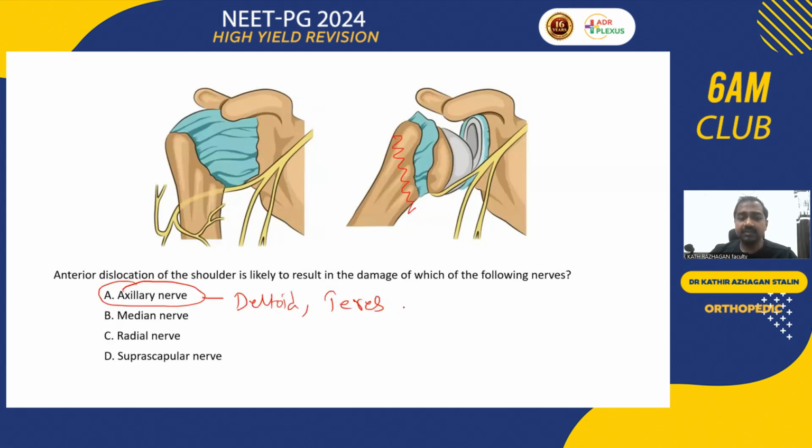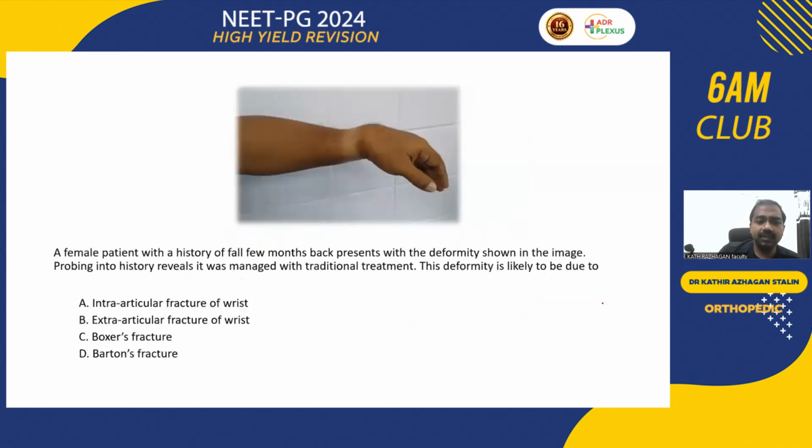Teres minor, yes. Which part sensation is lost? The upper lateral aspect of the arm, the regimental badge area. All these can be questioned.